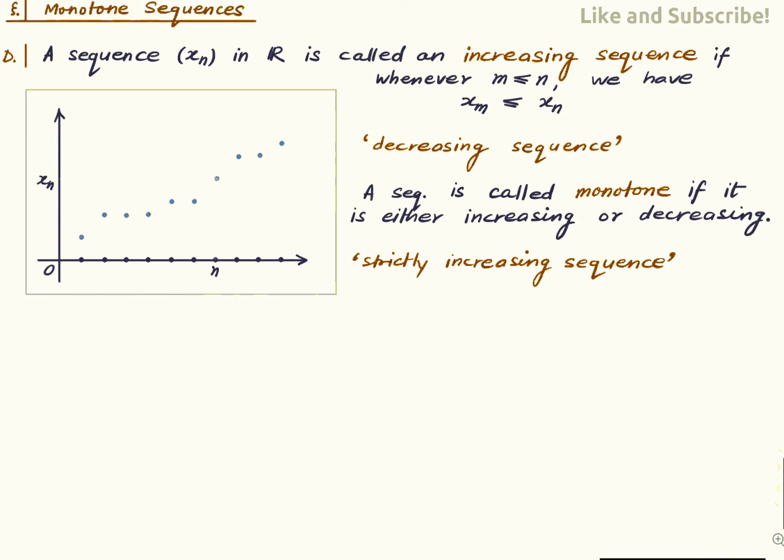That's all. So what we have drawn here is not a strictly increasing sequence because it takes the same value at multiple points. And similarly, you can define a strictly decreasing sequence and a strictly monotone sequence. Let me not do that. You can write it down in your notes.